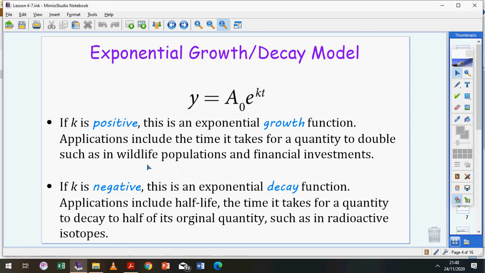But the most common application for this in science is in exponential growth or decay of organisms, which is called carbon dating. Trying to figure out how long ago this animal died, if I find its bone X amount of years ago. People that discover fossils, I know you've heard about people that discover fossils, use carbon dating to figure out how long ago these animals lived or died.